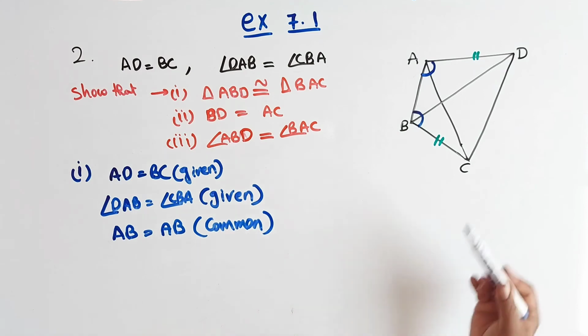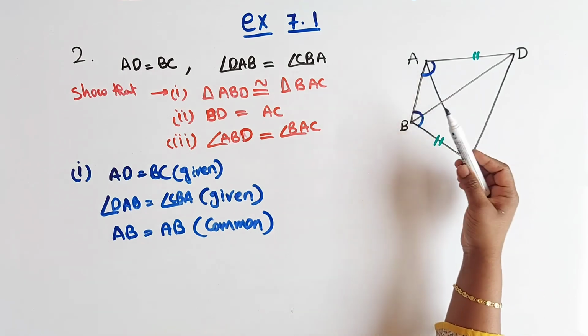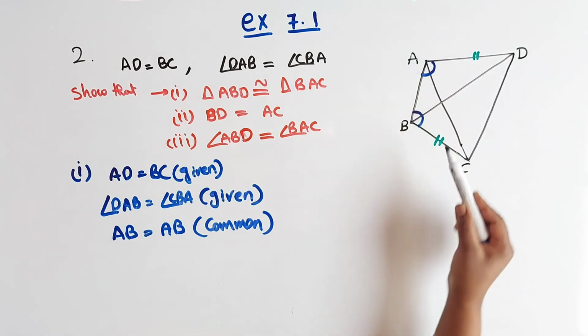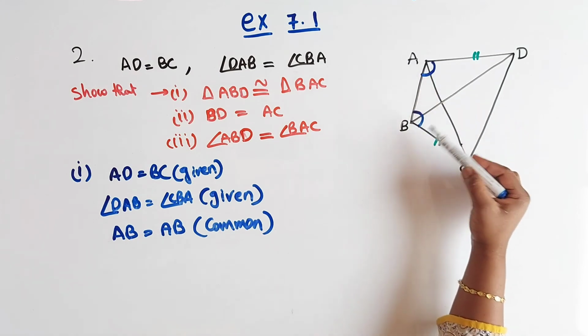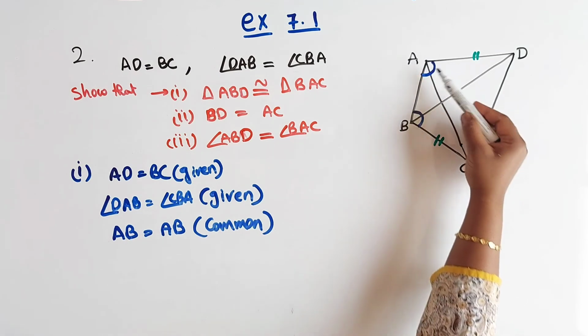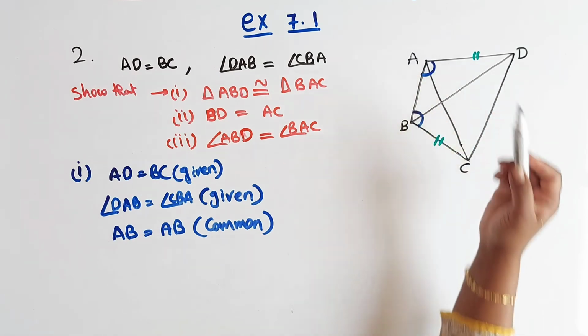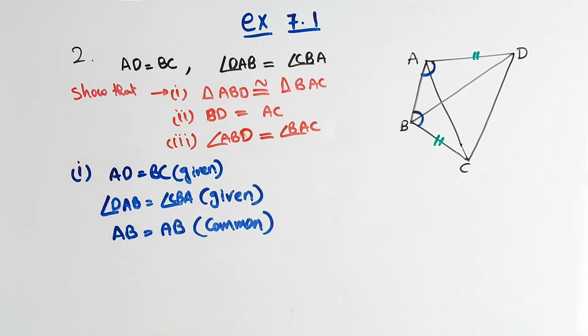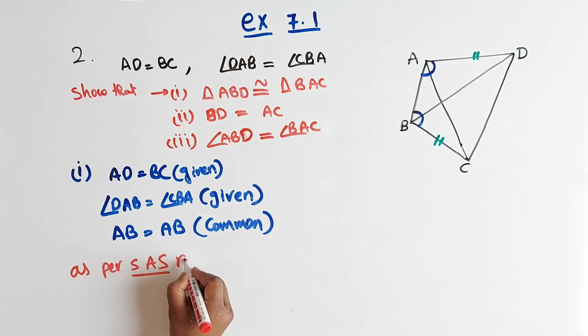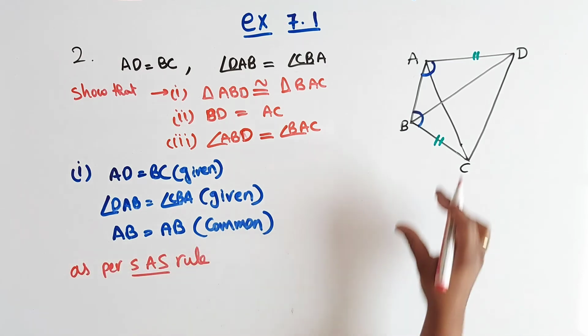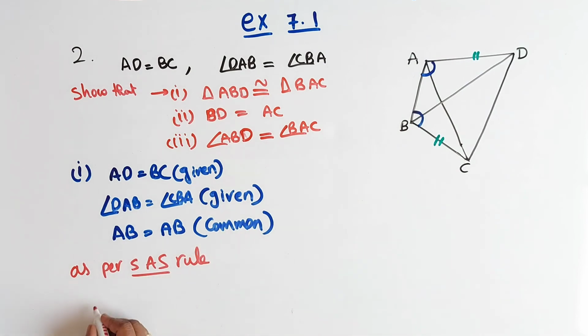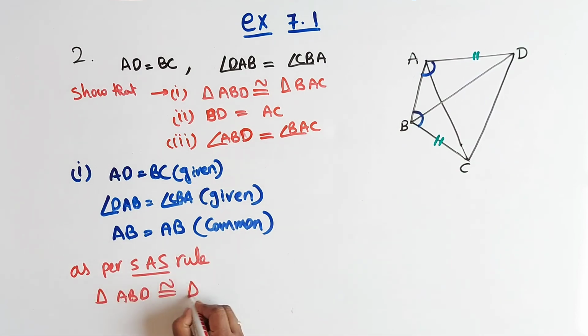Now see here, AB and AD, BC, in middle we have one angle, that means side, angle, side. As per SAS rule, we can make triangle ABD congruent to triangle BAC. Right, children?